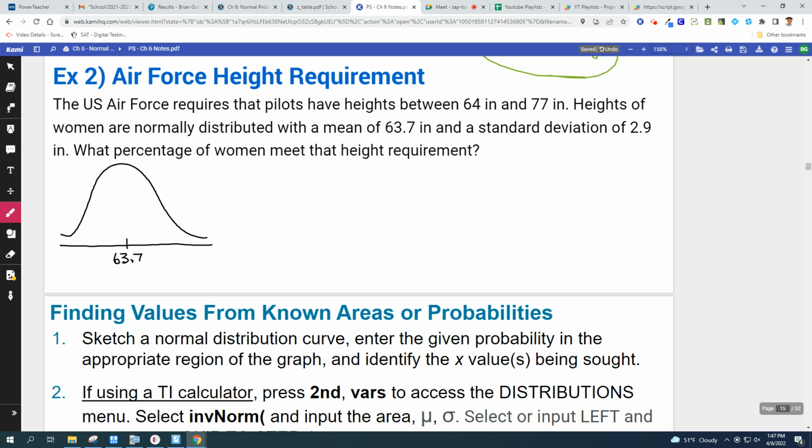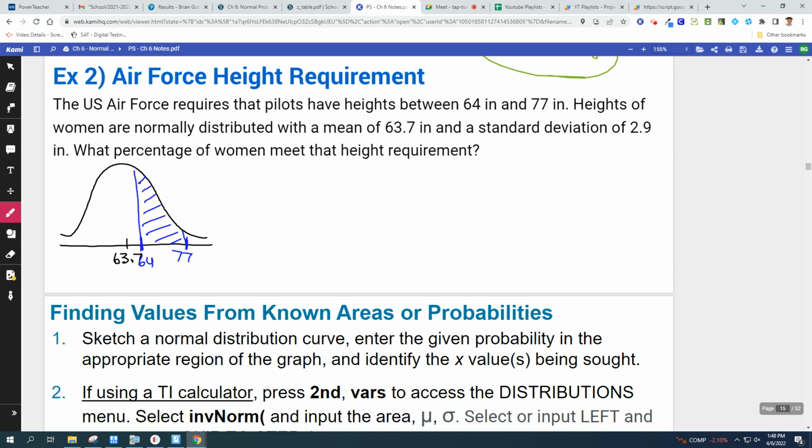We want to know something about between 64 and 77, so here is 64 and here is 77. We are interested in the area under the curve in that region, or the percentage under the curve right there. So what percentage of women are in that little band between 64 and 77?